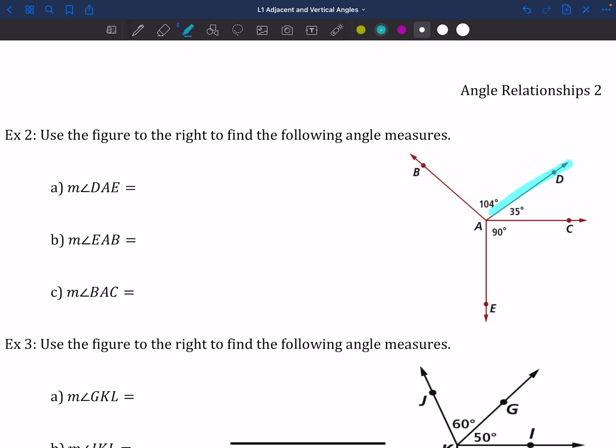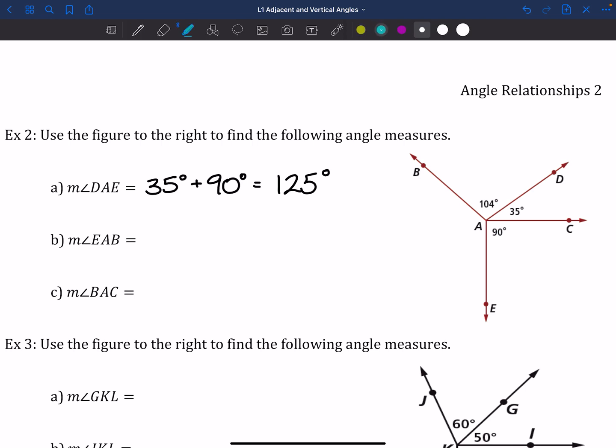If I'm looking for the measure of angle DAE, I know the measures of two different little pieces in there, that 35 and that 90 that make it up. So all you need to do is add those together. 35 degrees plus 90 degrees equals 125 degrees. And that's all we need to do for that.